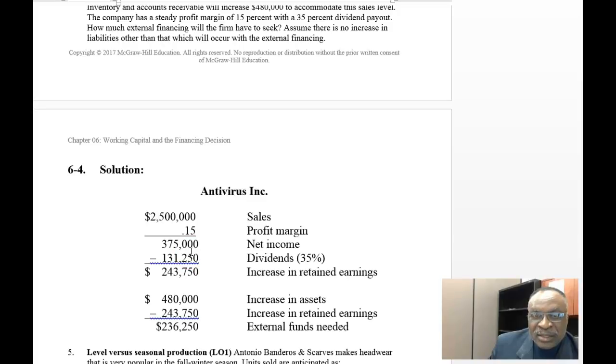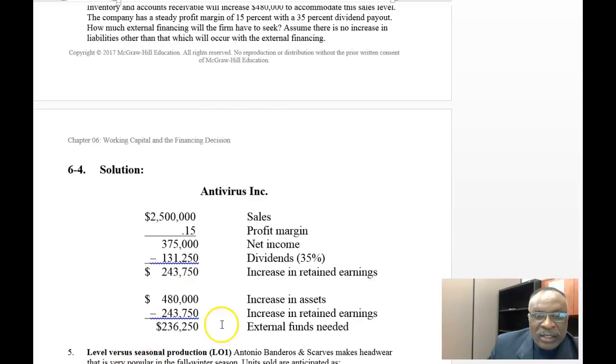So what you do then, you have 243,750 once you take this from this, and then you have $40,000 increase in assets, and then you take this amount away from that amount, and your external funds is 236,250. It looks pretty simple. Everything is right there, but I just thought you might find it challenging.